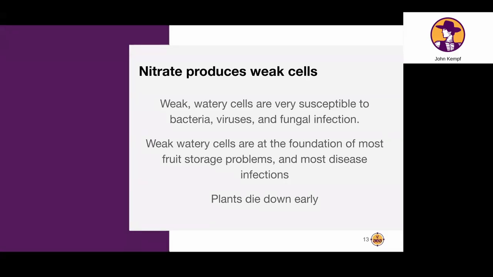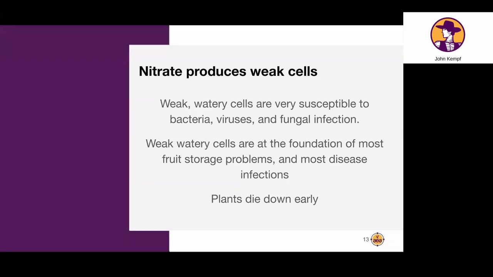If they don't have excessive nitrates, they often will not contract verticillium and they'll stay green and continue to grow right up until frost. So this is a difference between how plants will express themselves based on whether they're absorbing nitrogen in the form of nitrate or other forms of nitrogen like urea and ammonium or bacterial proteins.